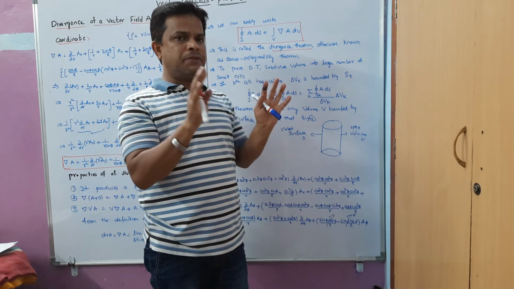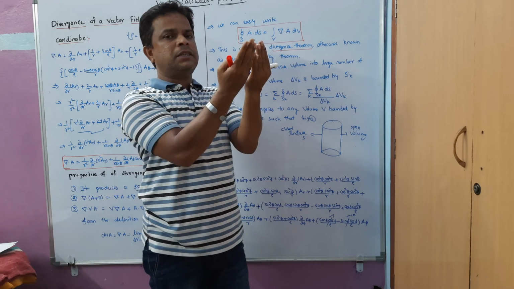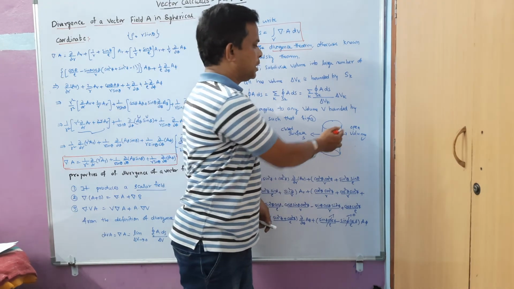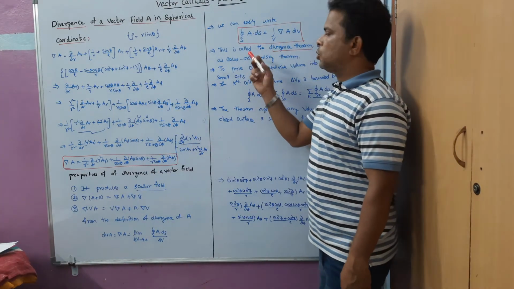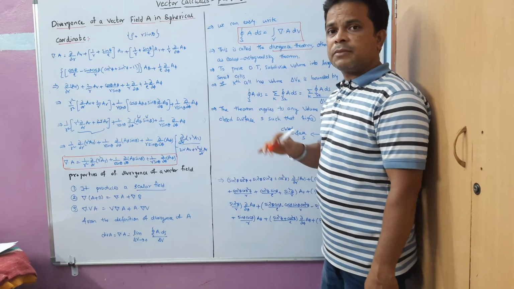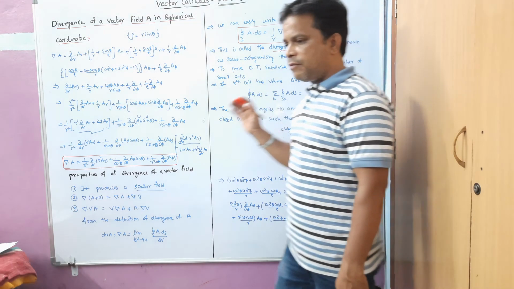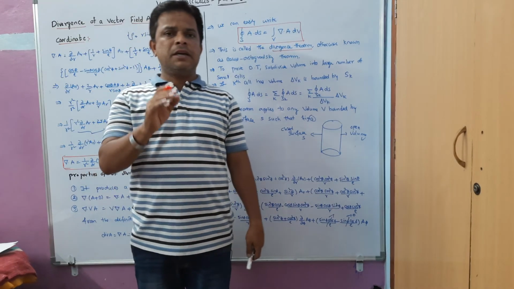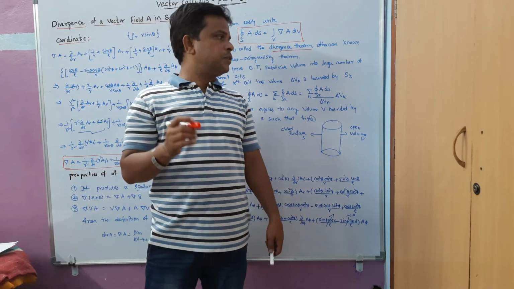From outside we can see the volume, but the round surface is closed. So the divergence theorem explains two things here: a closed surface is equal to an open volume.